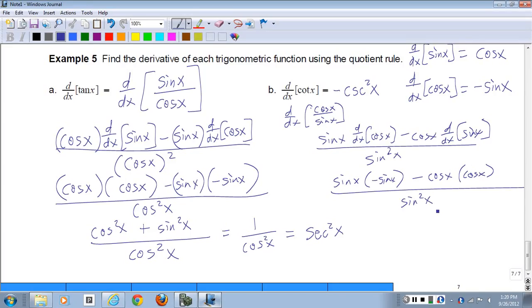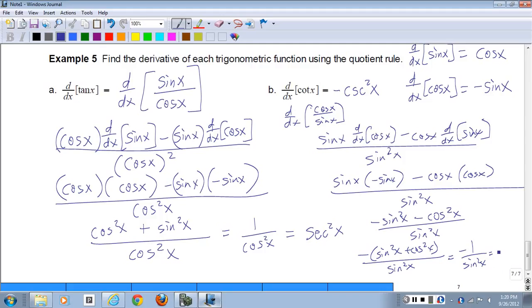So there you go. Negative sine squared x minus cosine squared x over sine squared x. If you factor out the negative sign, you get 1 on the inside. So negative 1 over sine squared x, and that's negative cosecant squared x.